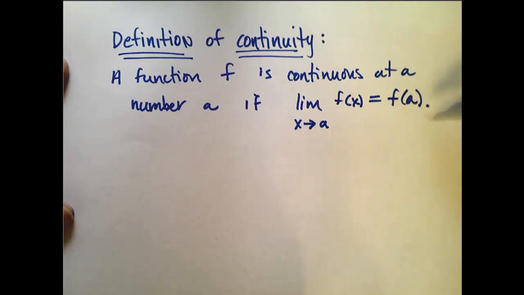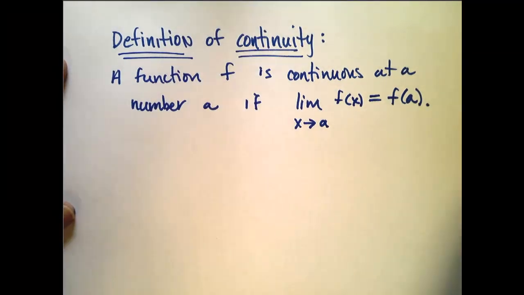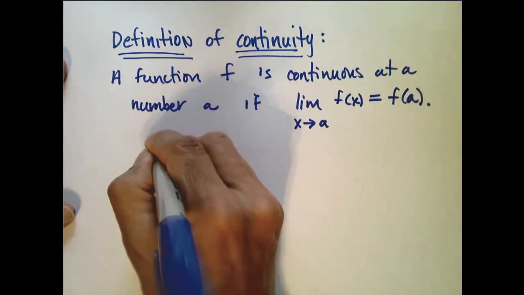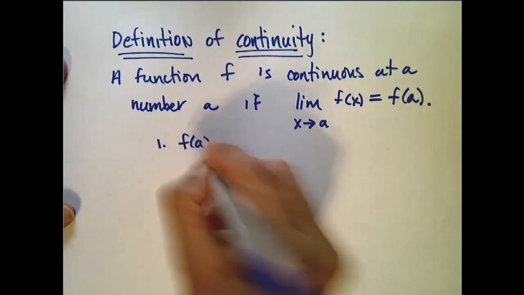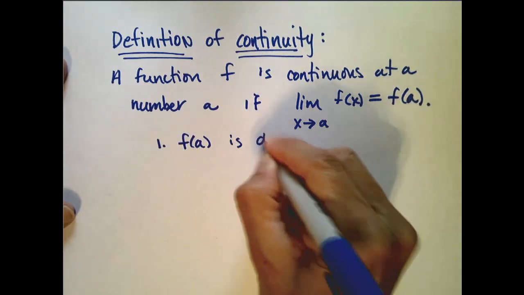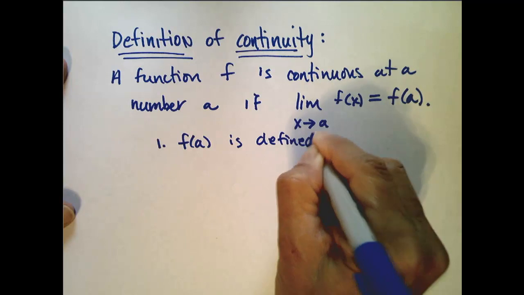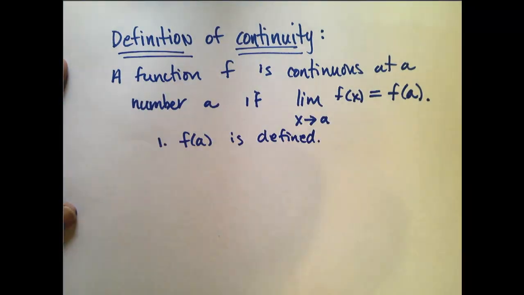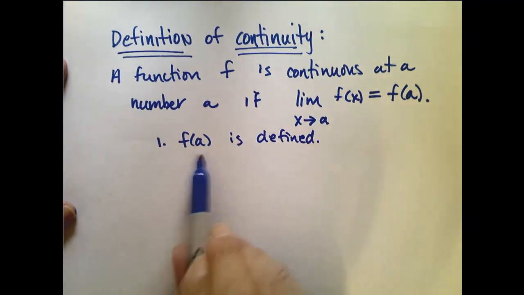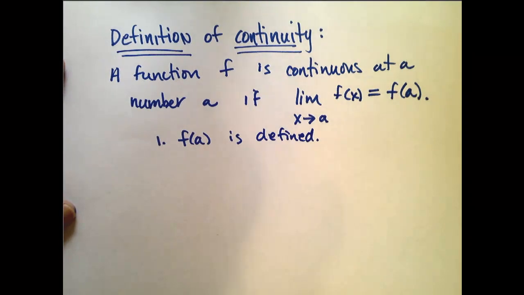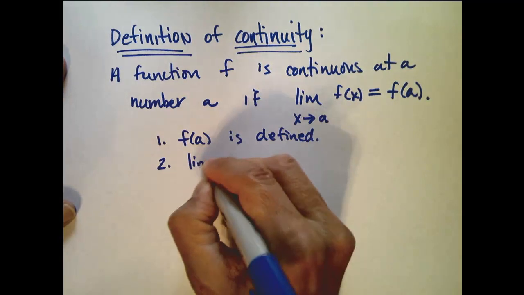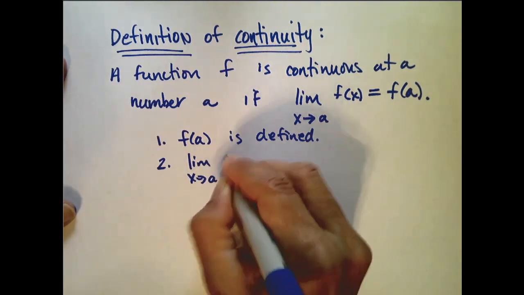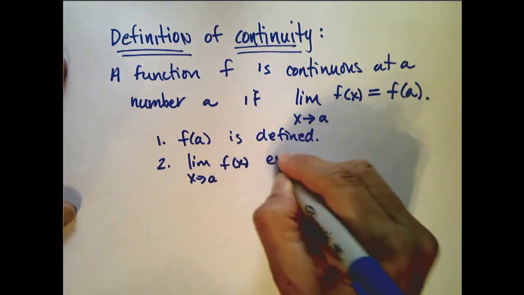Now, what this says right here is actually three things. The first thing it says is that f of a is in fact defined. So I won't have a break in the graph at a. Second, it says that this limit as x approaches a of f of x actually exists.